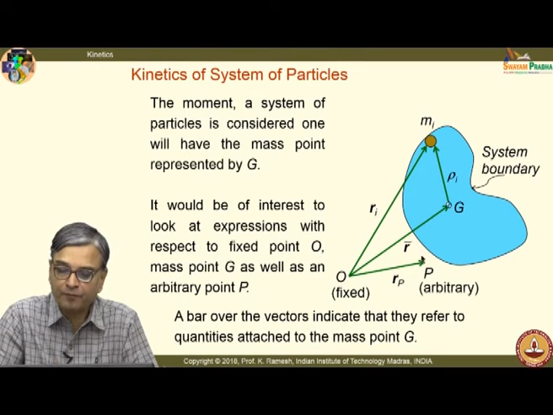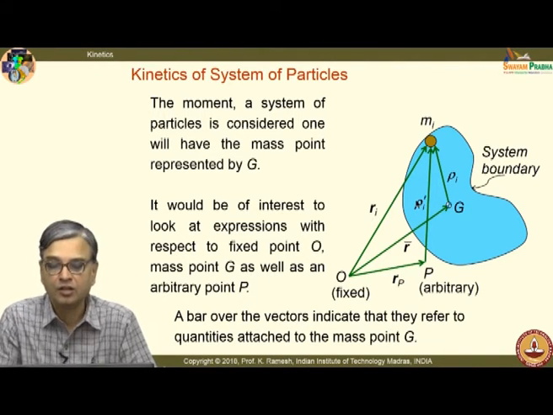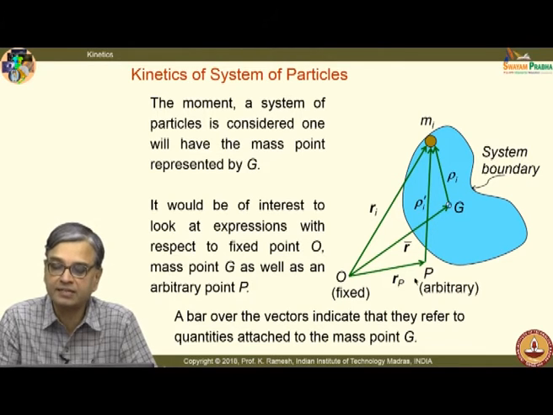So, when I want to find out the position vector from P, I label it with rho prime instead of simple rho. So, the symbolism that is used is: I reserve the symbol R for the fixed point, I use rho from the mass point, and I use rho prime from the arbitrary point.